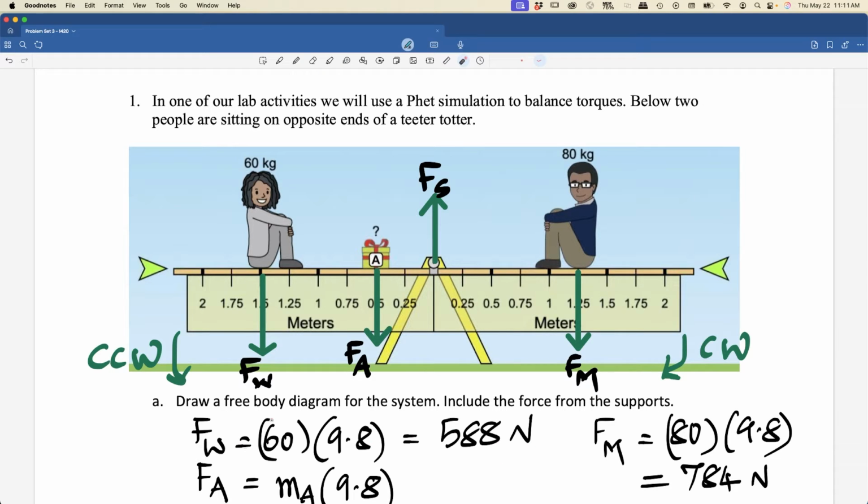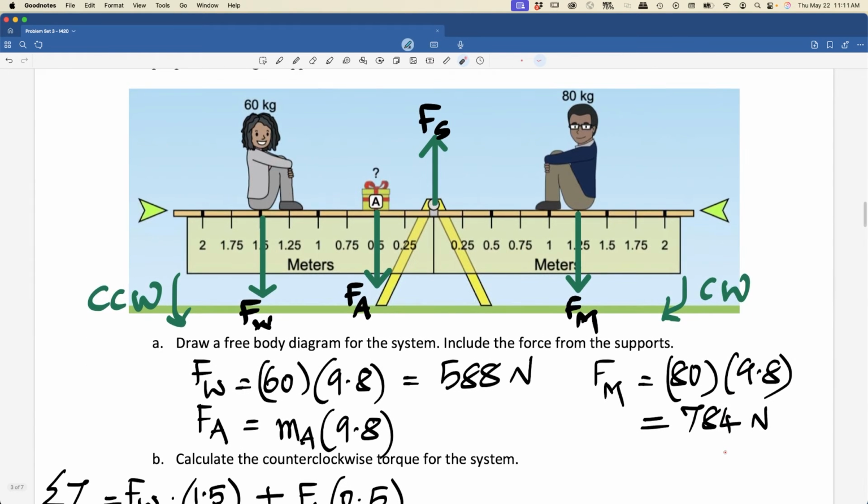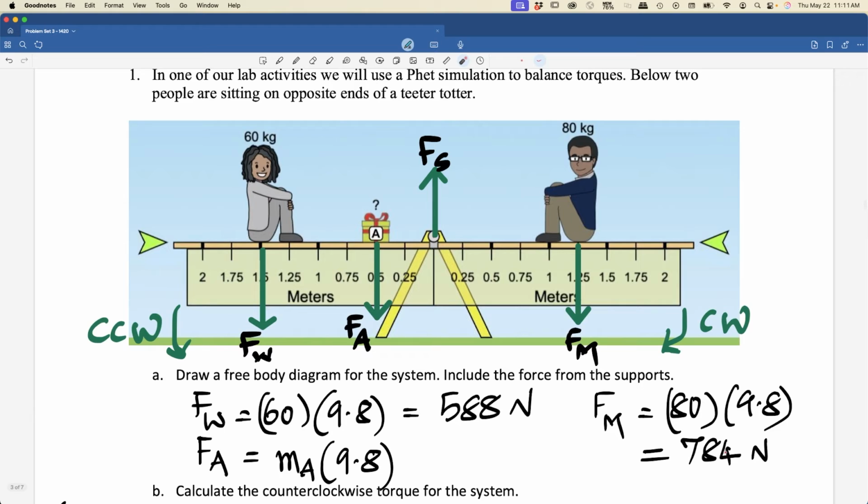That is the first force. The force of this object is its mass, which we do not know, times 9.8, so you have to leave it like that. And then the force due to the man is the weight of the man, which is 80 kilograms times 9.8. So that's part A.